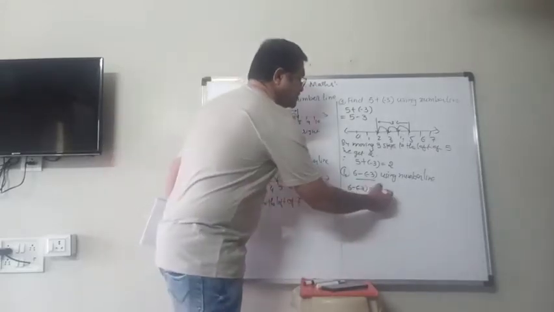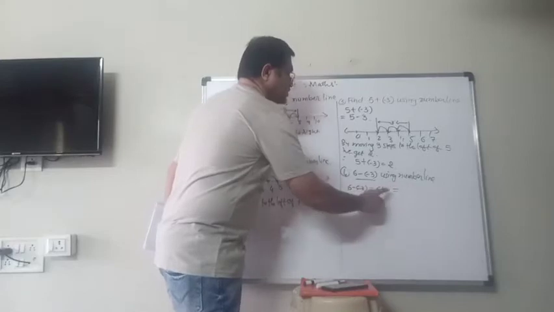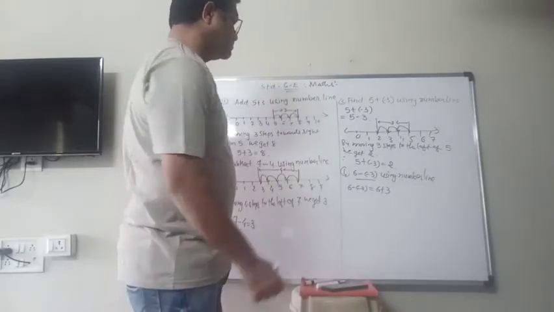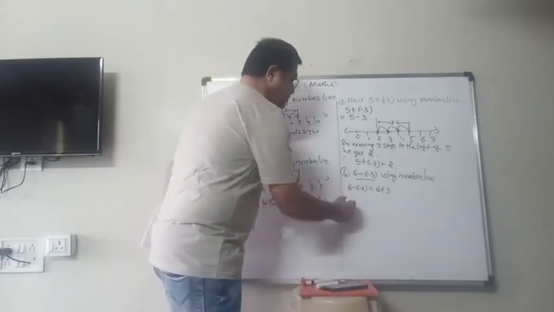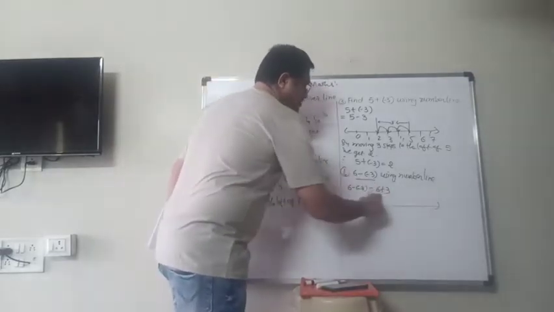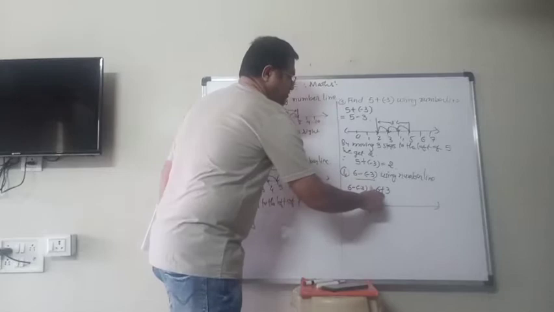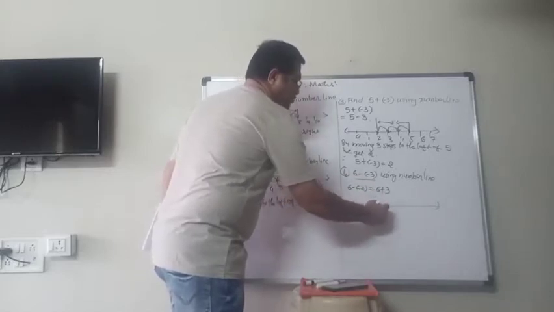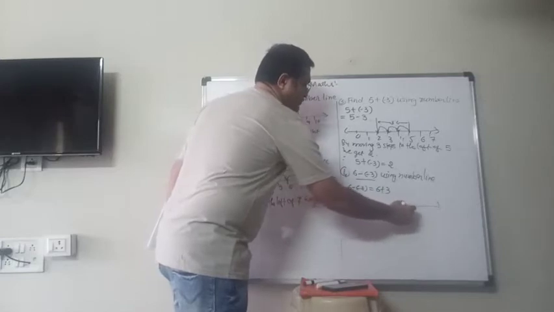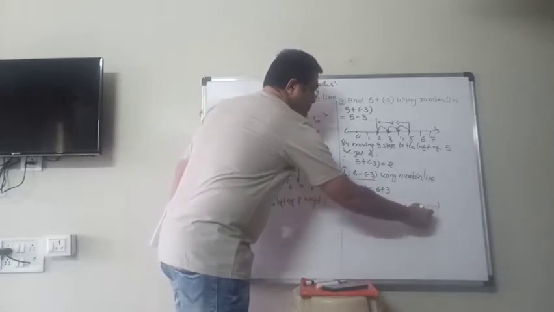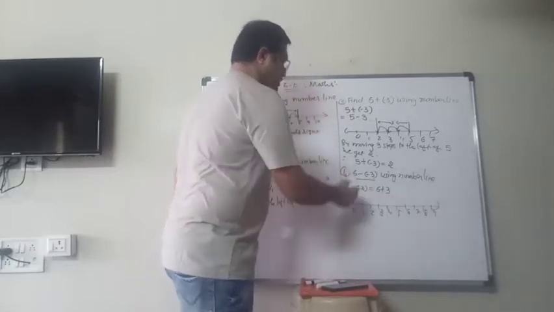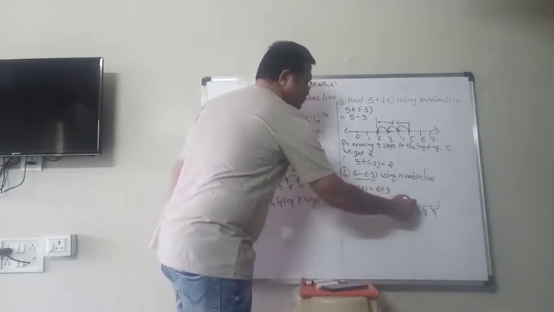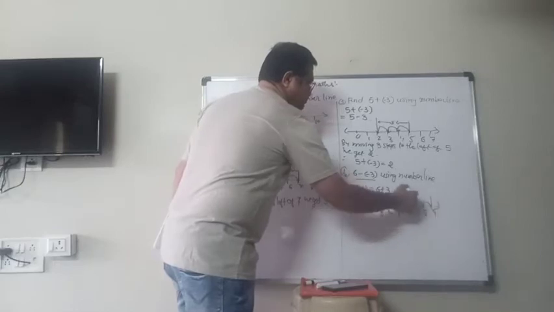That is 6 plus 3. Right? So now we have to do the same thing, but addition, not subtraction. Addition now, because minus minus becomes plus. So 0, 1, 2, 3, 4, 5, 6, 7, 8, 9. We have to start from 6 and plus means 1, 2 and 3.